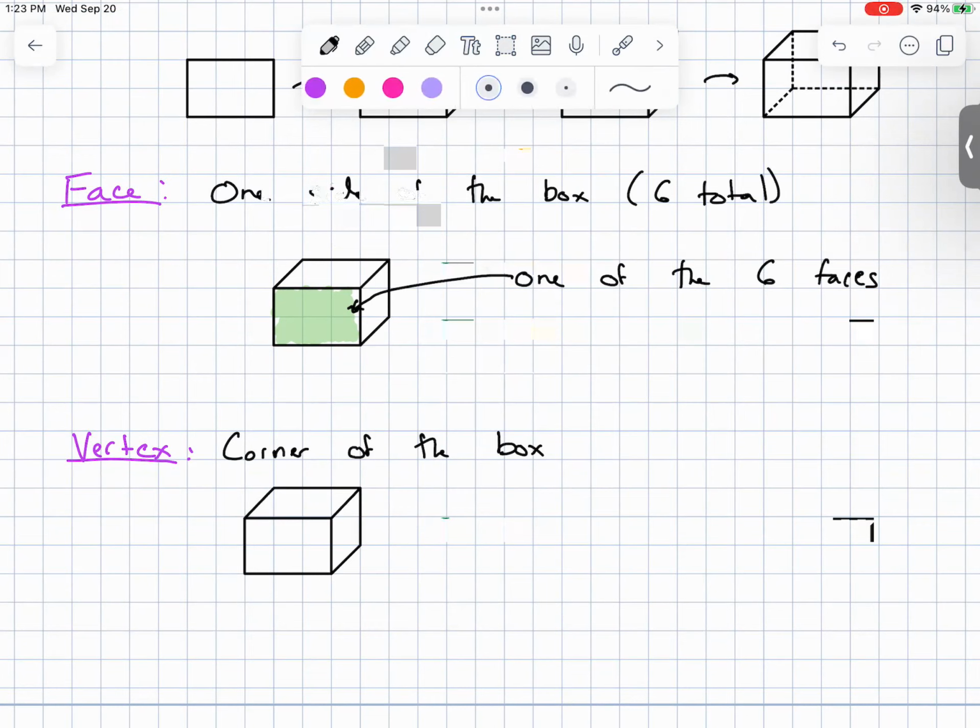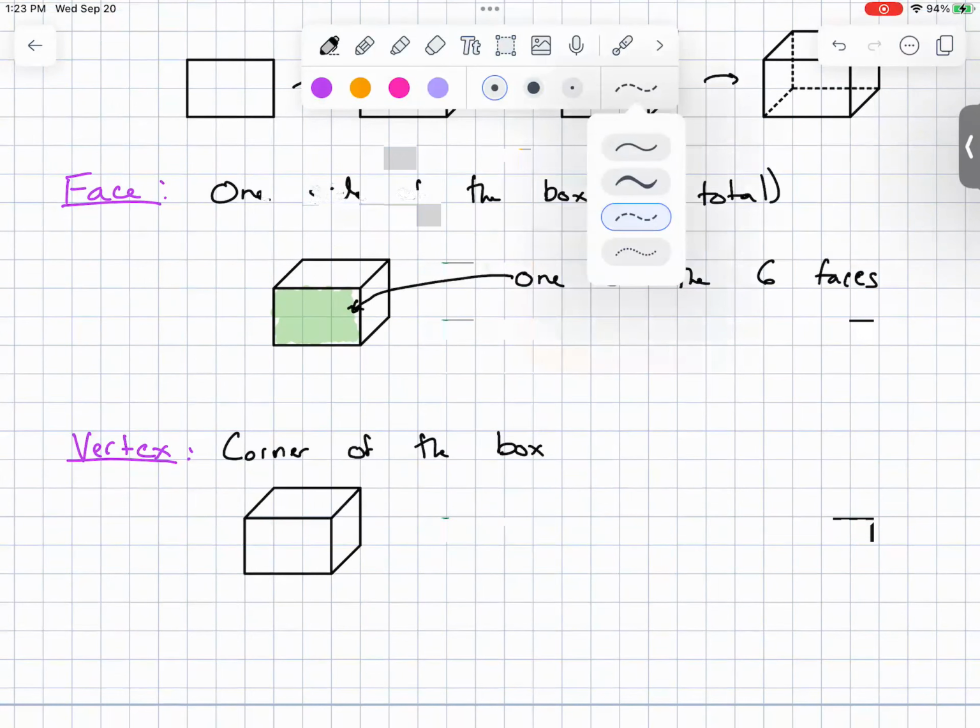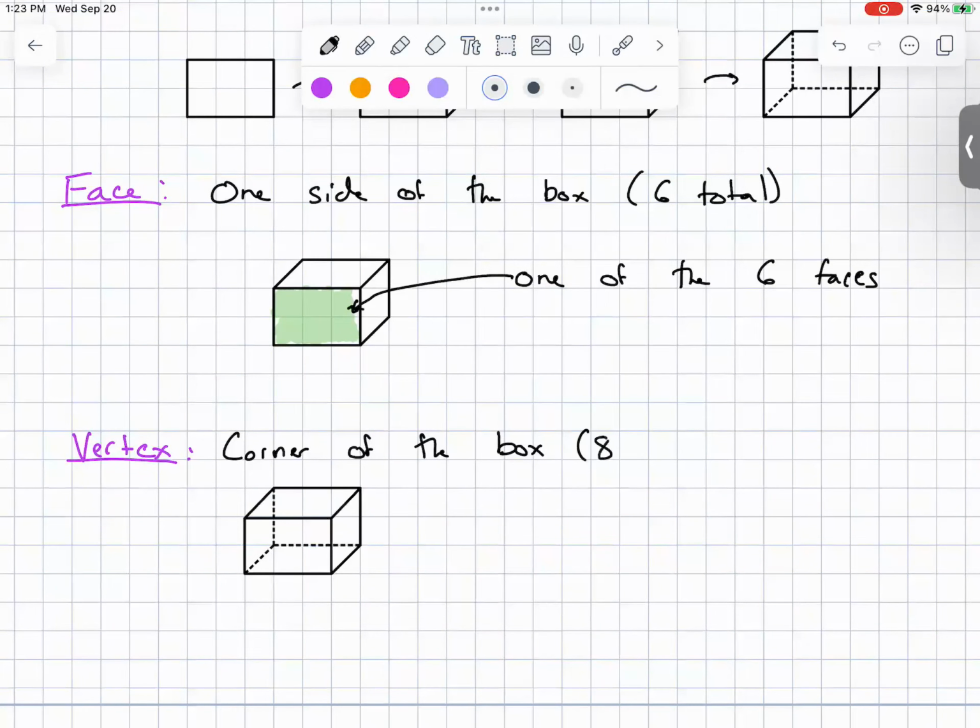And I'm going to add the depth because there's actually 8 total. I meant to write 8 total. There are 8 total vertices on a box. So we'll highlight them now.